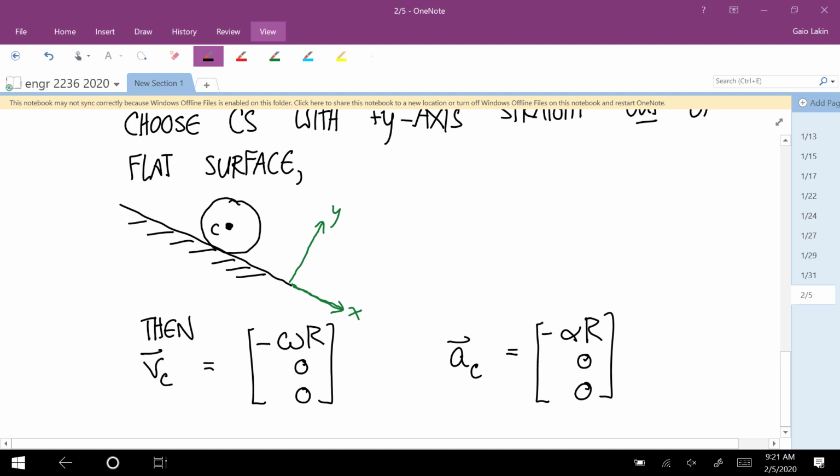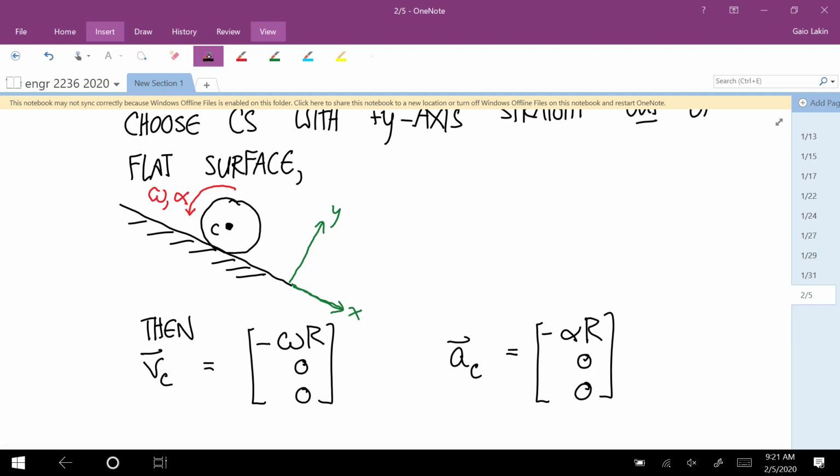And so what we're talking about here is we're assuming that a positive value of the angular velocity and the angular acceleration are counterclockwise.